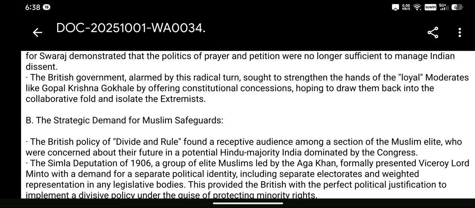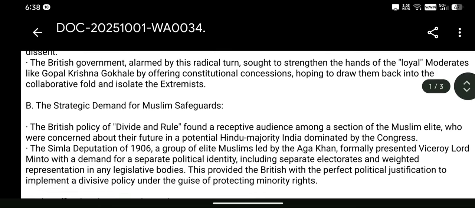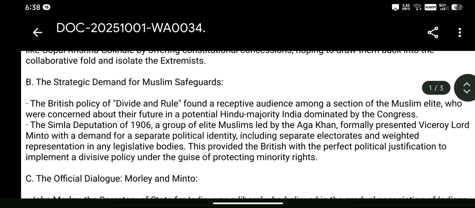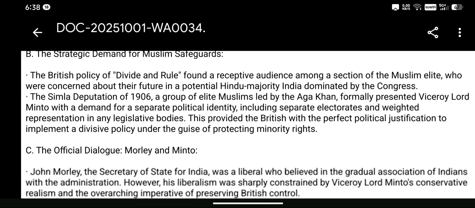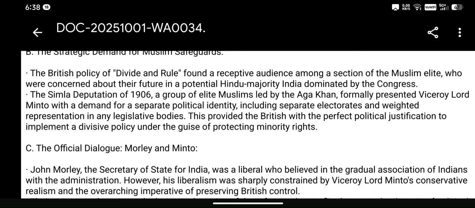The British policy of divide and rule found a receptive audience among a section of the Muslim elite who were concerned about their future in a potential Hindu majority India dominated by the Congress.